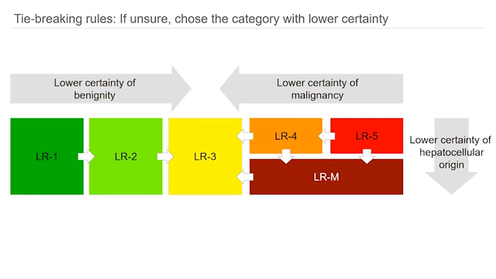Which means that if you're looking at LIRADS 5 or LIRADS M, you should choose the LR-M category because it reflects lowest certainty of hepatocellular origin. Similarly, if you're debating between LIRADS 2 and LIRADS 3, you should use LIRADS 3 because it creates a lower certainty of benignity.